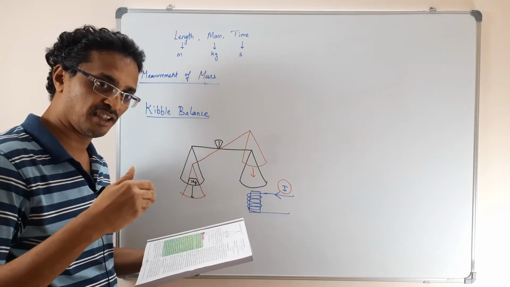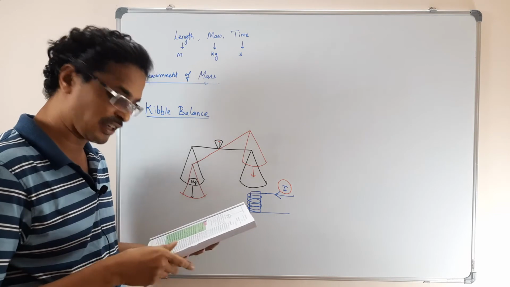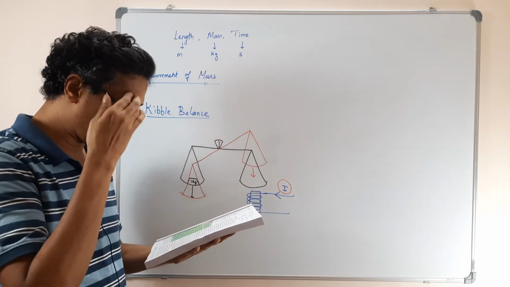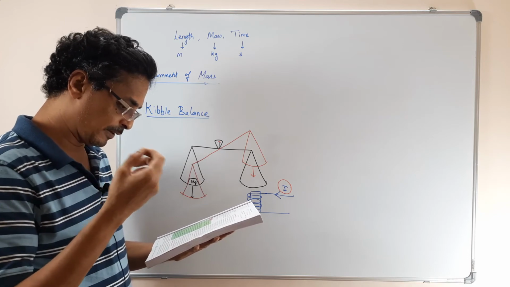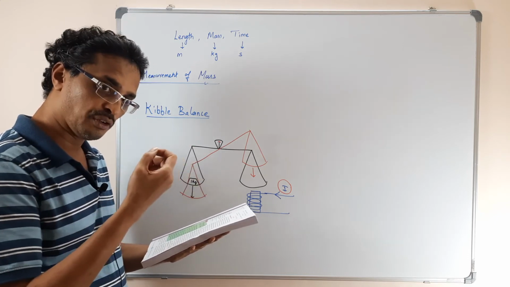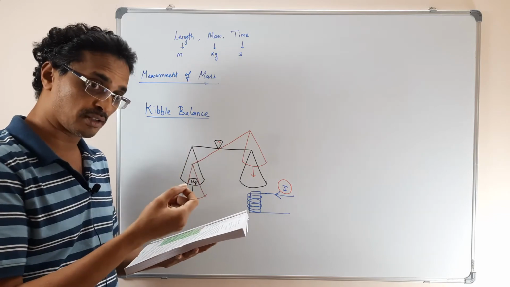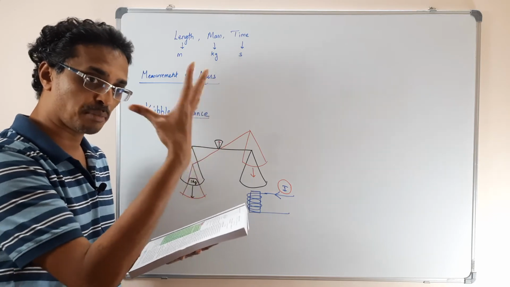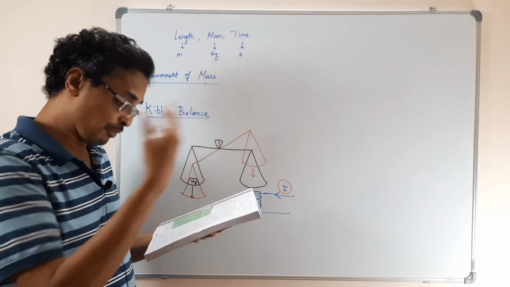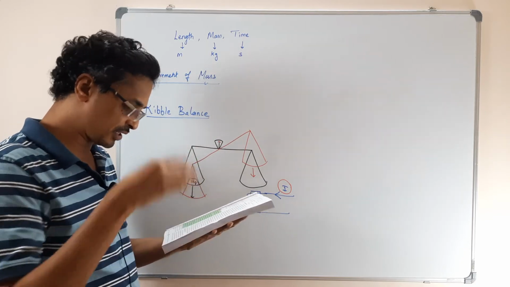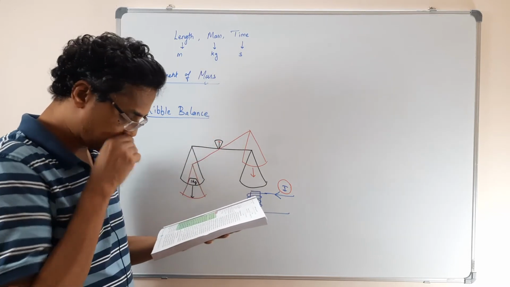There we use different techniques, which are not in your book, which you will see in an advanced class, maybe in laws of motion. There, from the movement of objects, you can find out the mass. For a star, from how much brightness it has, how much radiation it emits, you can also find out the mass of the star. Those are different techniques. We will not see those things now.